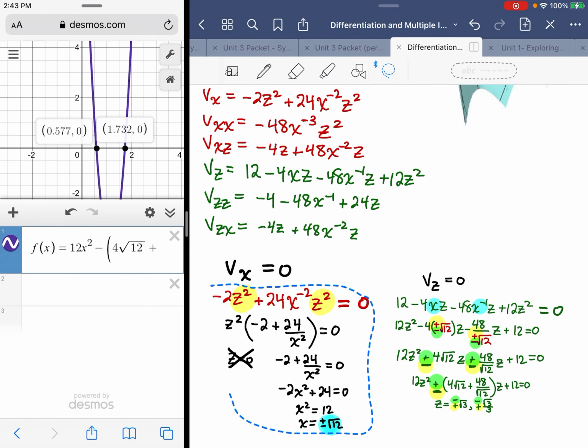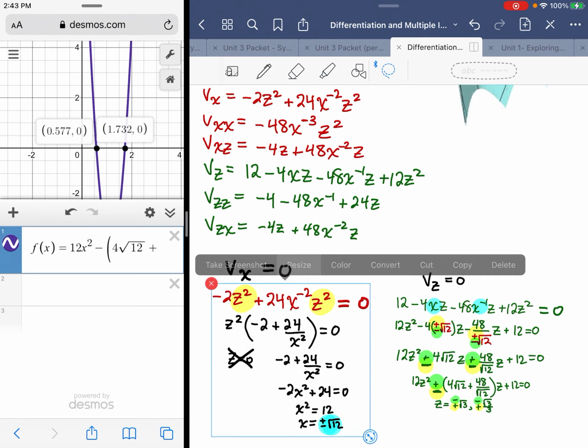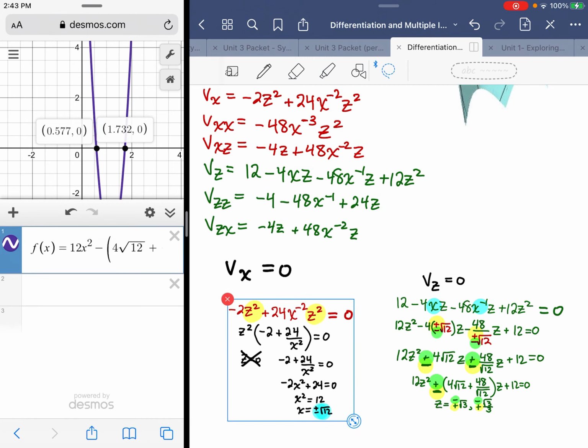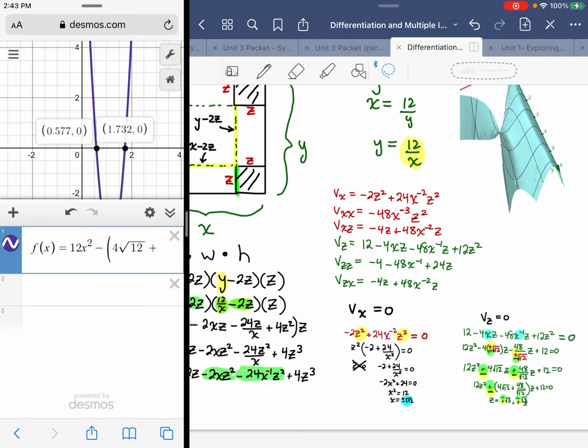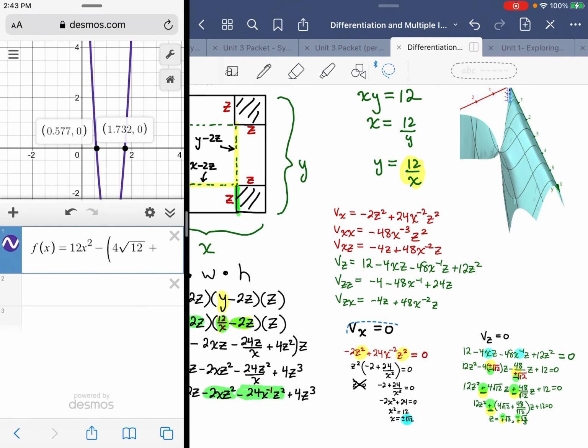So that's really the question: which one's going to get the job done? Will a taller box, aka the radical 3, get the job done, or will a shorter box, the radical 3 over 3? That is the big question, and we have to analyze that.